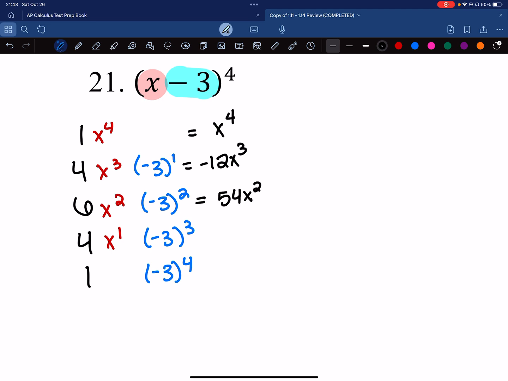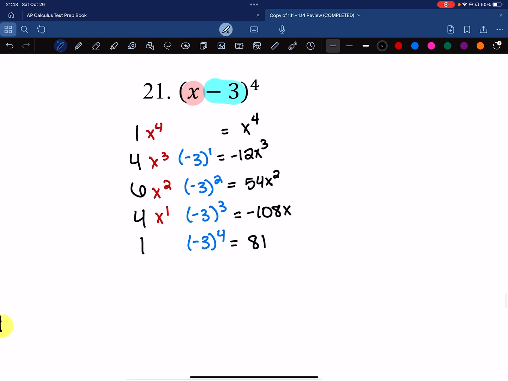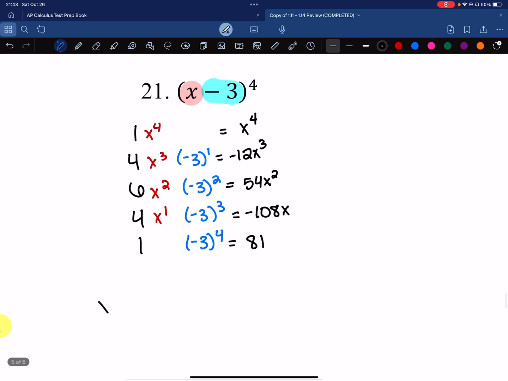Negative 3 to the 3rd is a negative 27. Negative 27 times 4 is a negative 108. And negative 3 to the fourth power is 81 times 1 is 81. So we get x to the fourth minus 12x cubed plus 54x squared minus 108x plus 81.